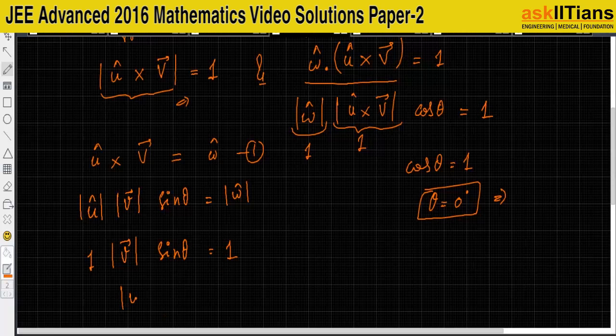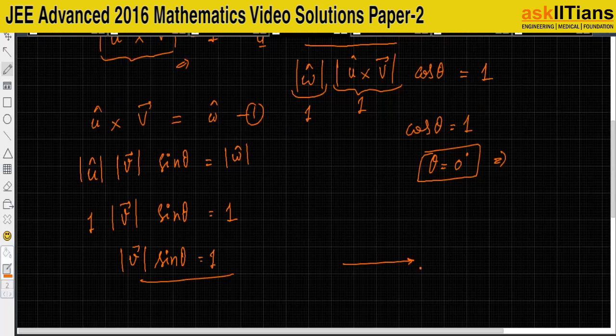Suppose I consider this as the unit vector u cap, and v is somewhere like this. Let me take this angle as alpha to avoid confusion. Alpha is the angle between u cap and v.